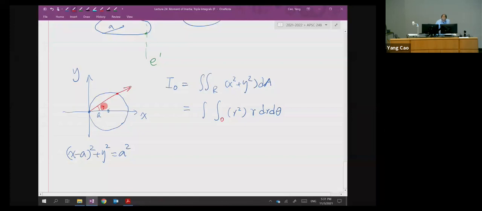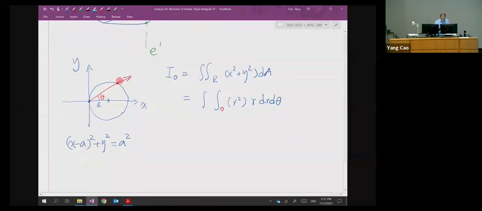Here's one way you can do it: you can make use of some high school geometry. You can create a triangle like this, connecting the r max location to the other side of the circle.